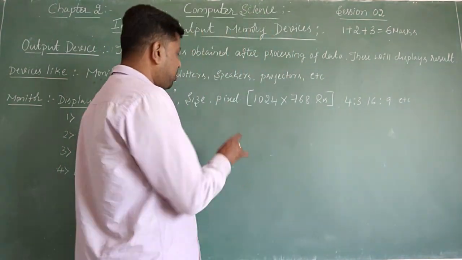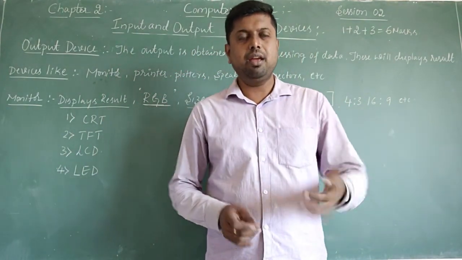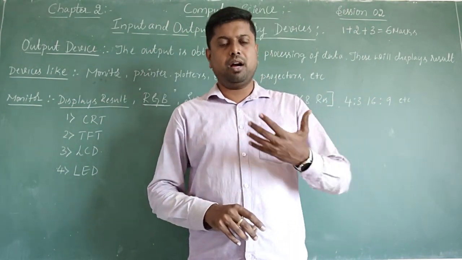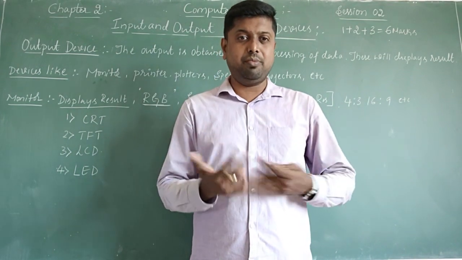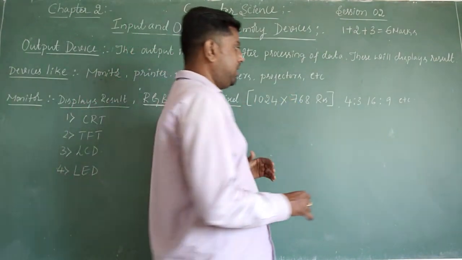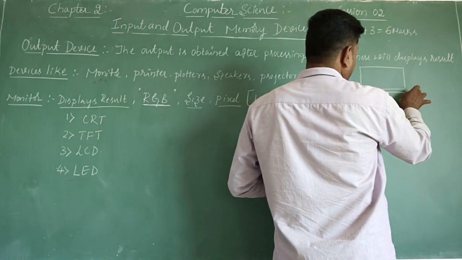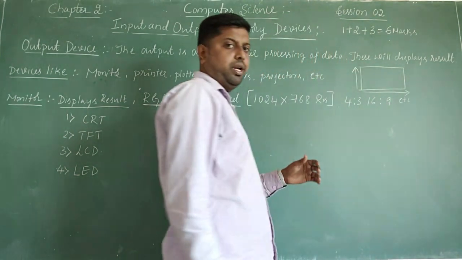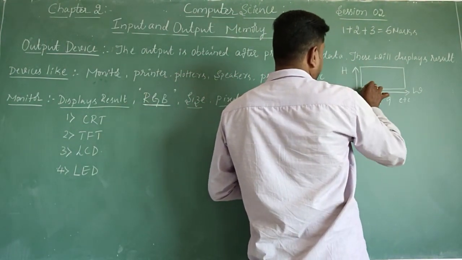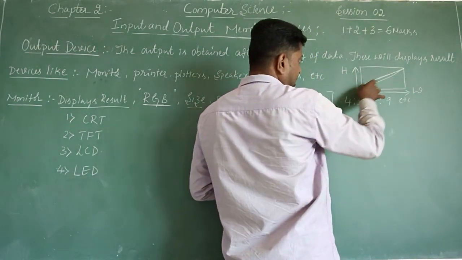Then if I want to discuss pixels and sizes: if you have knowledge about your TV, it is not in a single unique size. Different sizes come to the market based on pixels, based on resolution. Resolution means 1024 by 768, for example. For a monitor we calculate one width and one height, but the size of the monitor is always calculated with the help of the diagonal, corner to corner.